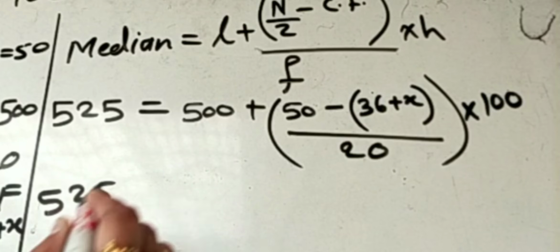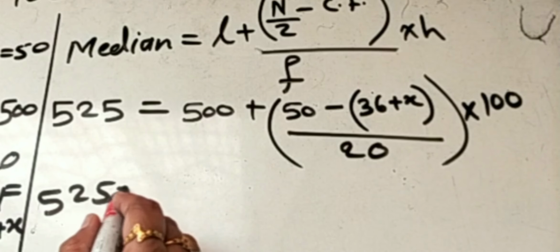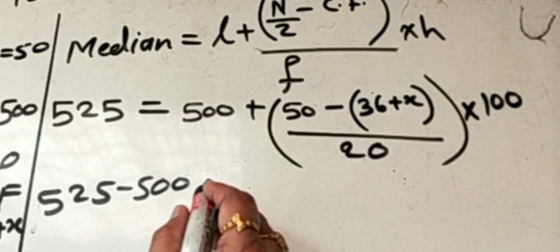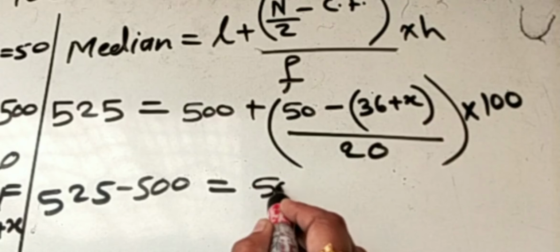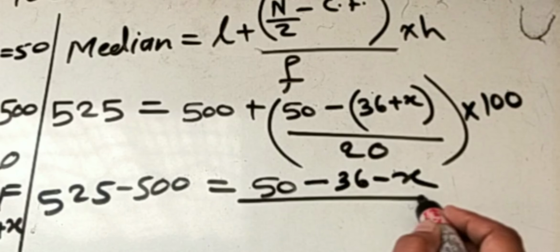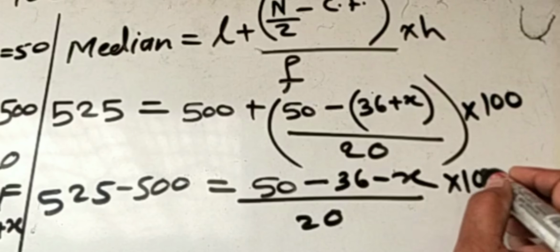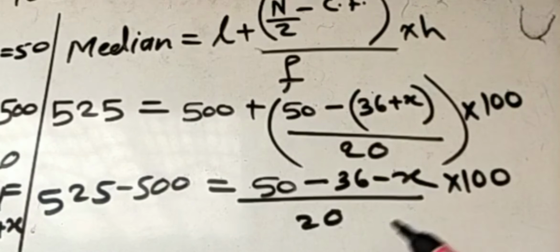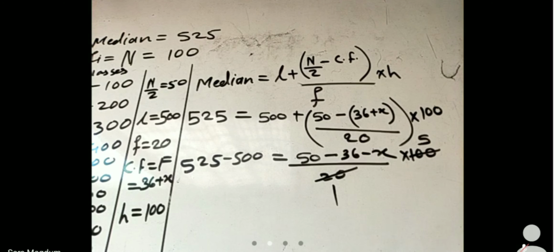525 minus 500, we can shift 500 to the left hand side, is equal to 50 minus 36 minus x upon 20 into 100. So this 20 can get reduced with 100. 20 ones are 20, 5 twenties are 100.